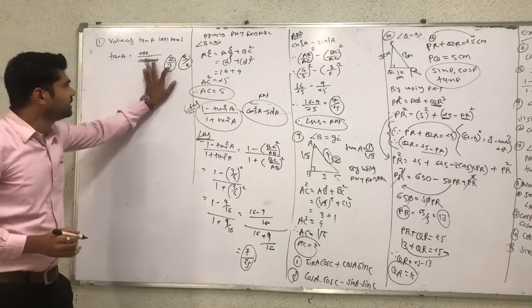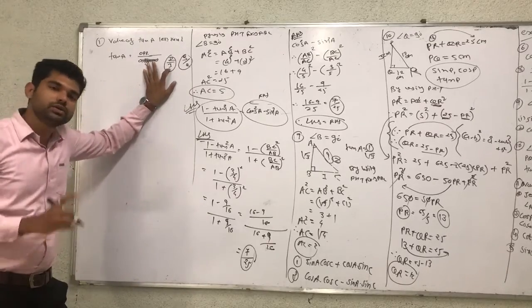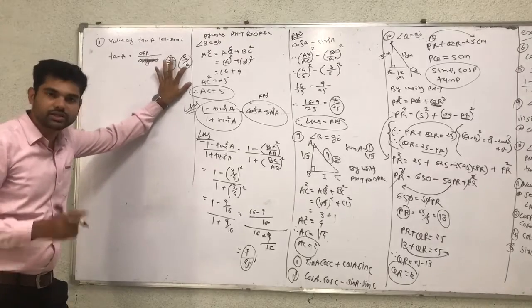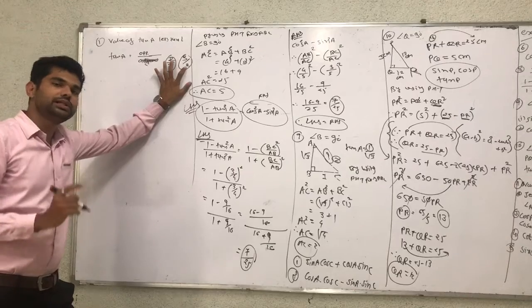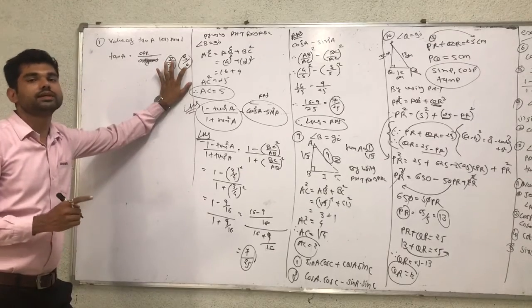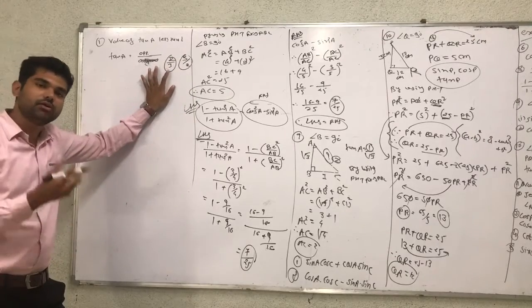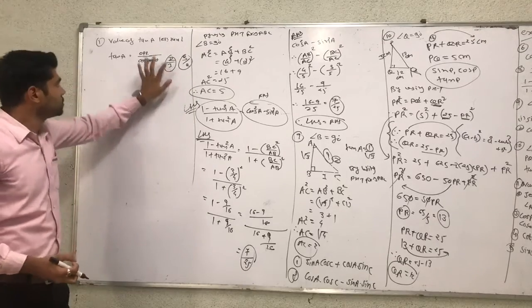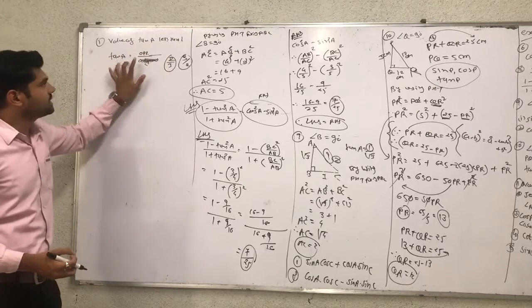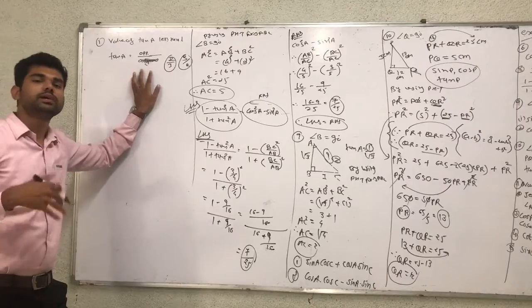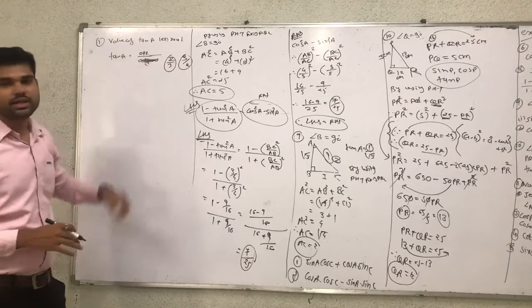So here answer is less than 1 because denominator is big. In the second case, denominator is smaller than numerator, so answer is greater than 1. So in this case, tan A is less than 1. It means adjacent side is bigger than opposite side.